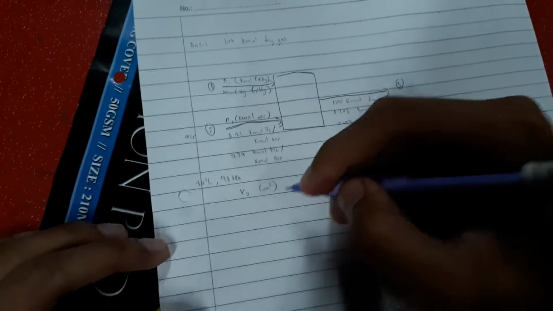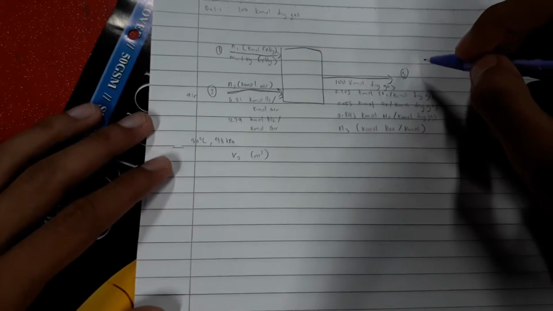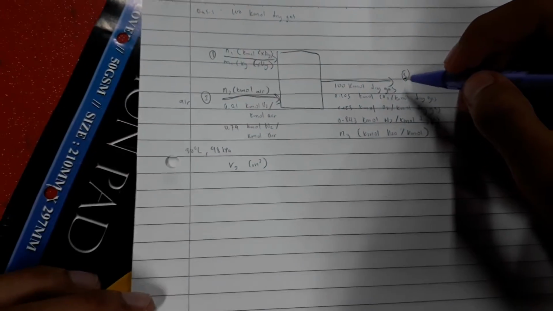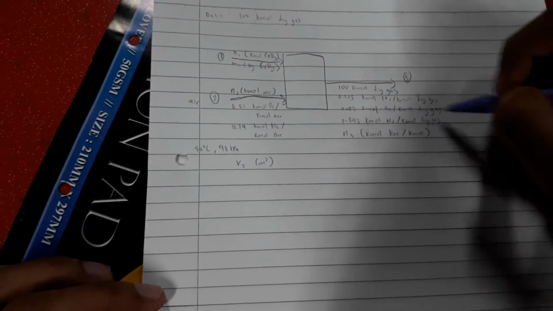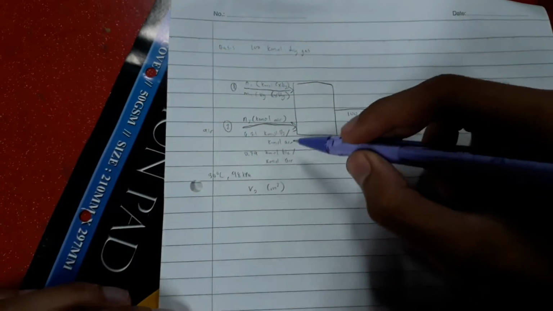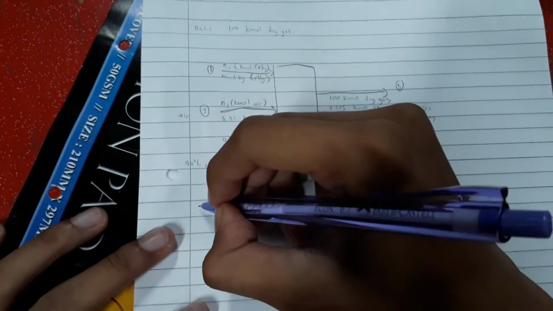Right now we know that the unreactive species is nitrogen because it doesn't react from input to output.